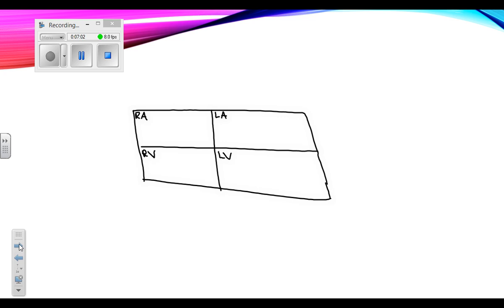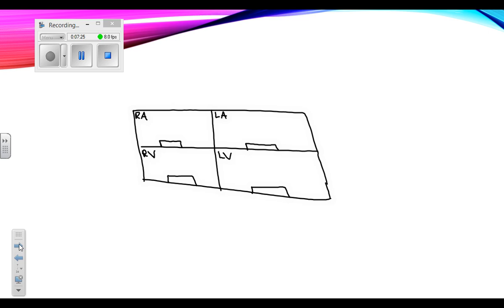I know that there are valves, and the valves are in these spots. So the bottom of each chamber has a valve on my little picture. So there's a valve between the right atrium and ventricle and between the left atrium and ventricle.